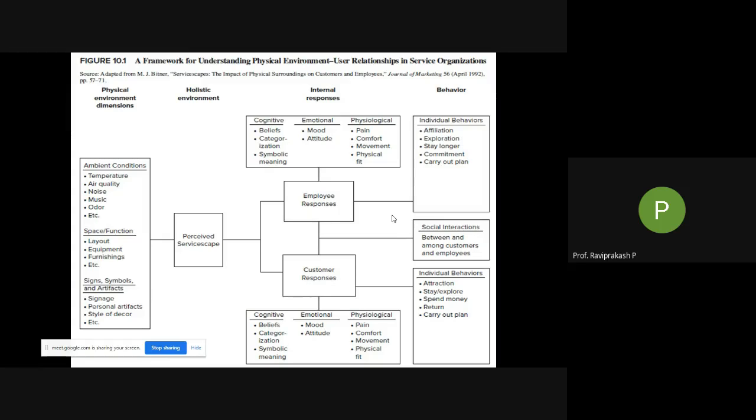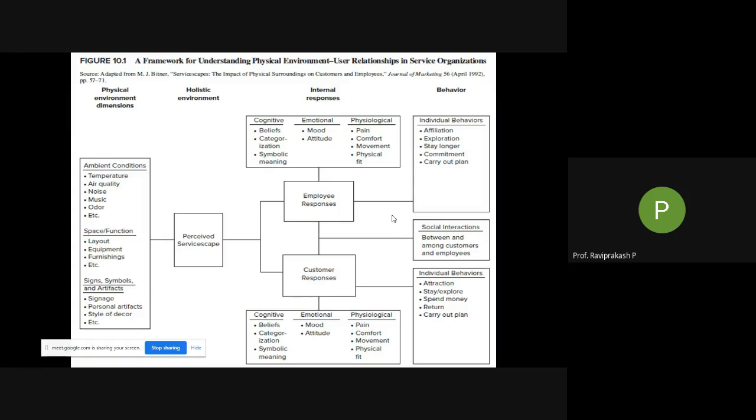If the temperature in the room is very low, you may shiver, or you may perspire, in the sense you may start sweating, if the temperature is high. And with the air quality, you may have difficulty in breathing, or you may get fresh air abundantly so that you feel very good.